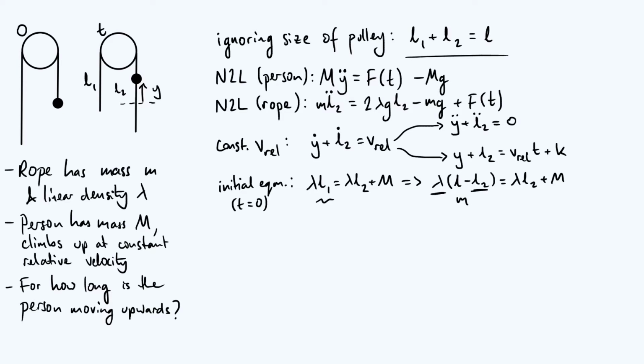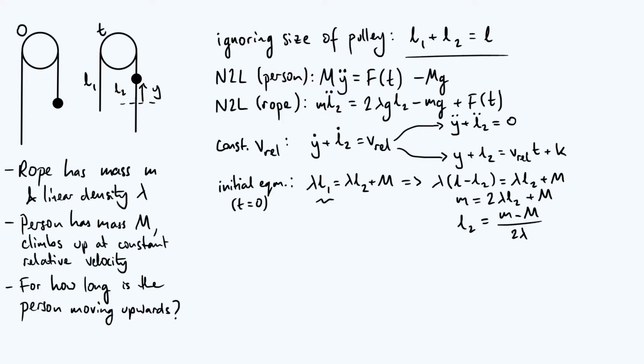I'm going to take the lambda L2 and put that on the other side so that we get 2 lambda L2 plus capital M, and then you finally arrive at the result that your initial value of L2 is lowercase m minus capital M, all divided by 2 lambda. And at this point, I'll just point out one implication of this equation is that for this whole situation to work, your small m has to actually be larger than your capital M. Otherwise, you'll have a negative length. So the rope has to actually be heavier than the person in order for this to work.